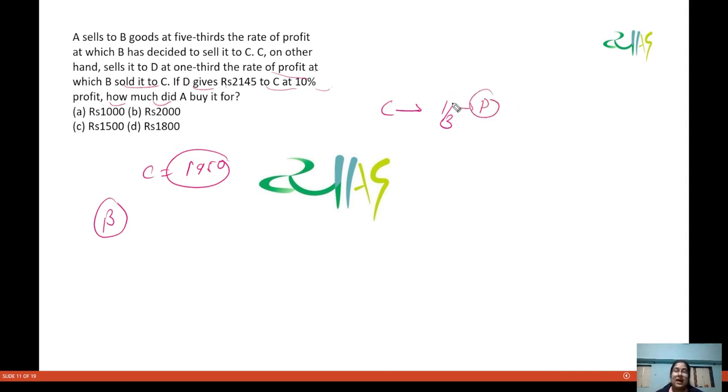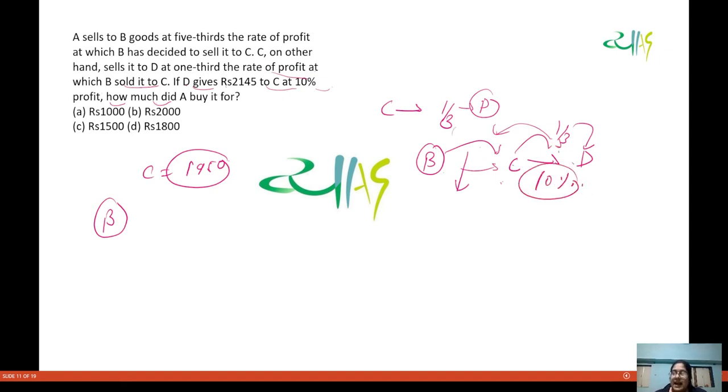So what it is basically saying is that when B was selling to C and when C was selling to D, whatever profit B took from C, C took 1/3 of that profit from D. So we know C took 10% profit. So that means B took 30% profit.